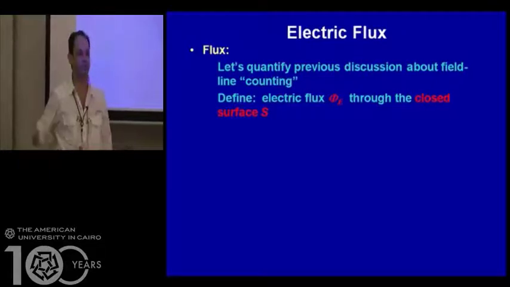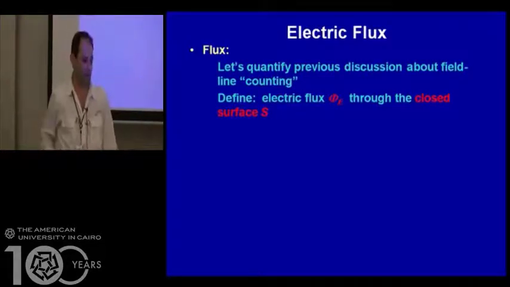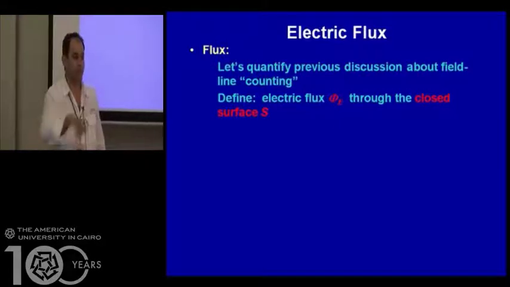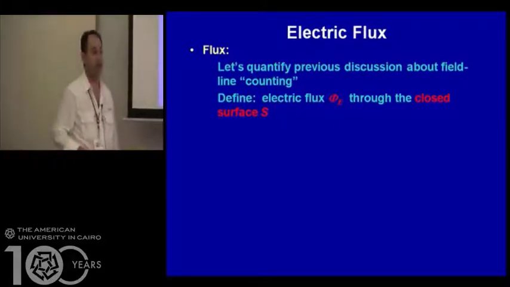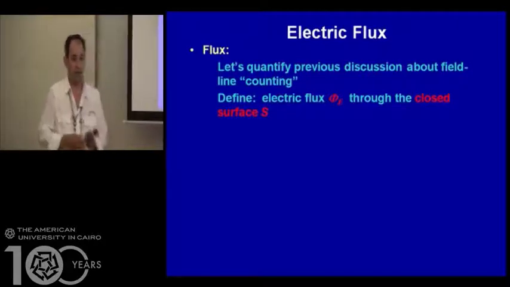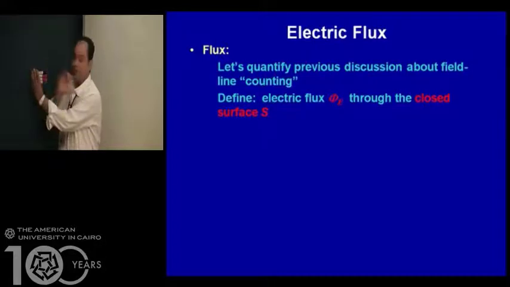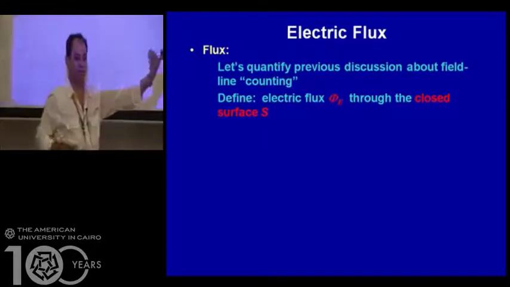It's going to be 0 because the number of lines in equals the number of lines out. And this is the meaning of flux. Now we have 4 lines coming into that surface, and 4 lines leaving that surface.